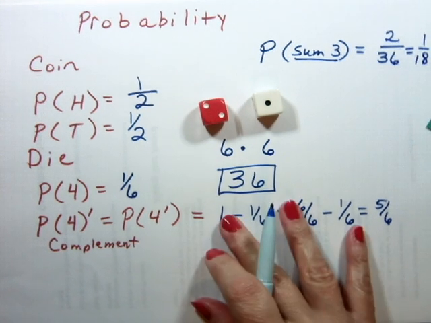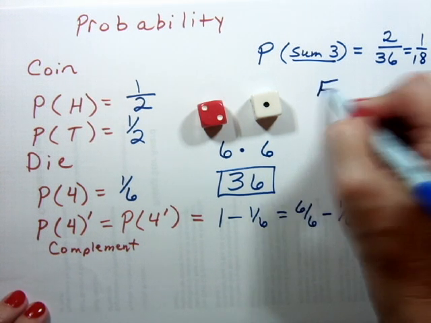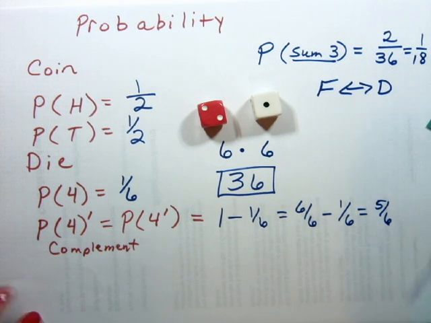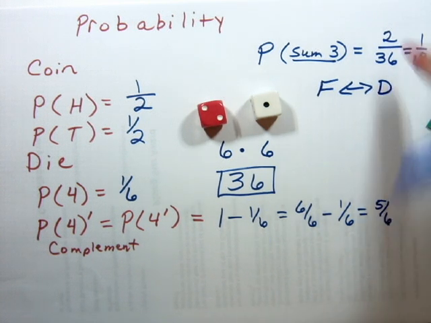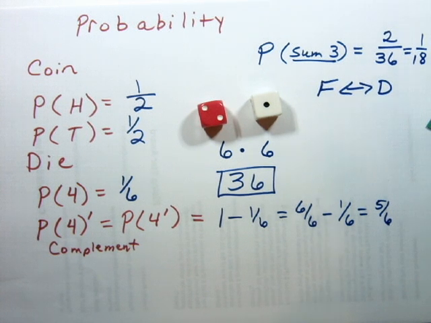Always reduce your fractions. If you don't know how to reduce your fractions, have a calculator with the fraction to decimal key. It's going to give you like a little arrow fraction decimal key. Your graphing calculator does it in math, frac, and hit enter. You enter in 2 divided by 36 and go math, frac, enter on a graphing.